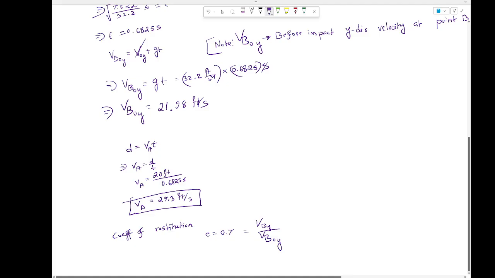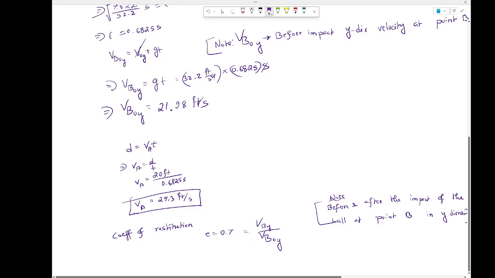Okay. So I got to put some note here, because this is getting a little bit out of hand. You would like to write before and after. So this is a note only: before and after the impact of the ball at point B in Y direction only, okay?